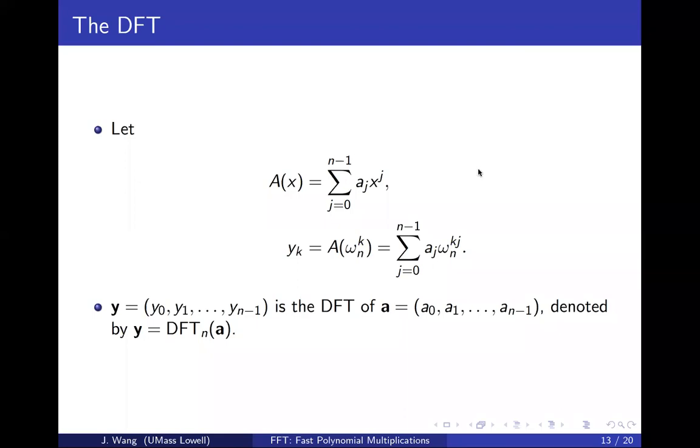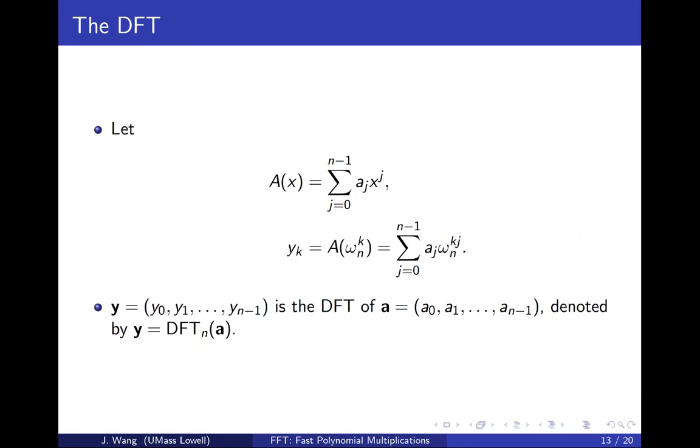Now we're going to look at a discrete Fourier transform. So what we are going to write down is to evaluate this generic polynomial on these unit roots, and then we get y k.